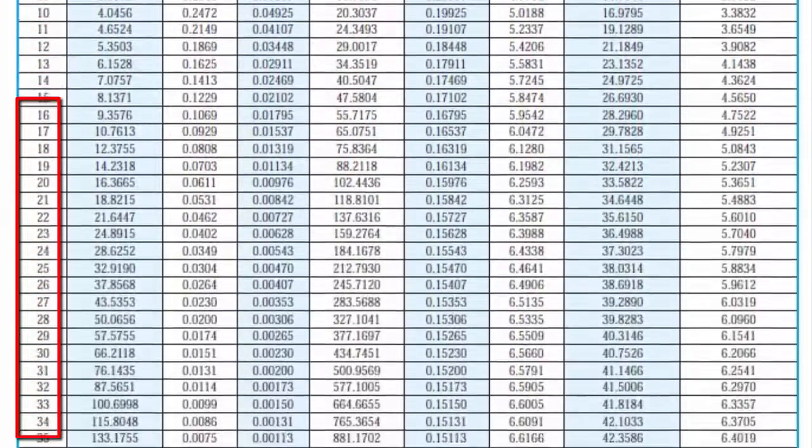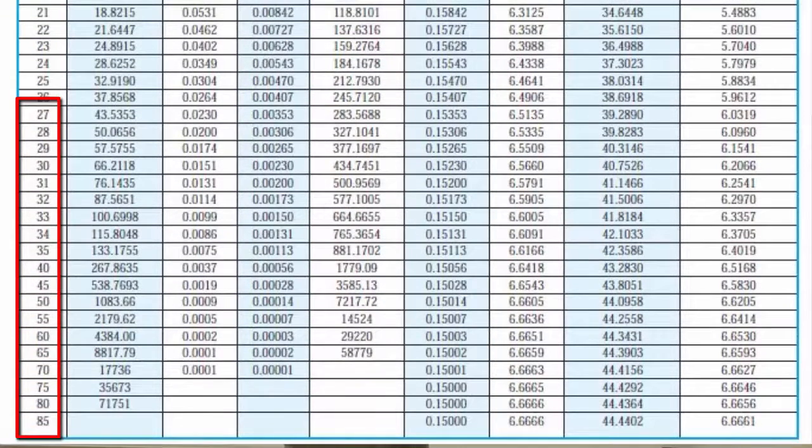In the examples we have years from 1 through 35, and then from 35 to 40 we don't have any year identified. Then it goes from 40 to 45 to 50 to 55 and so on.